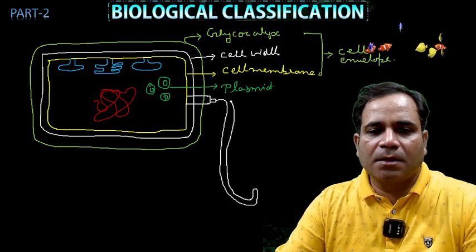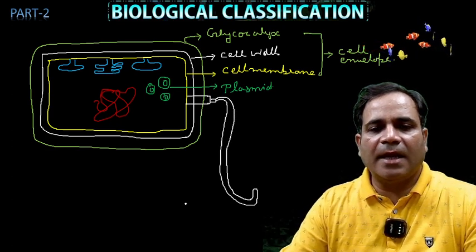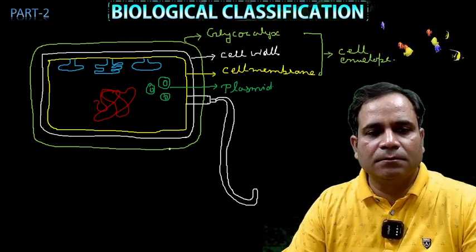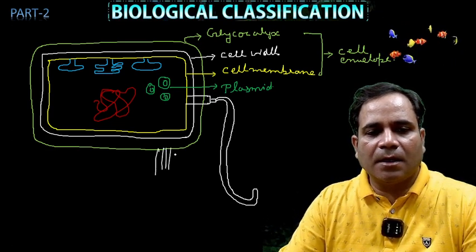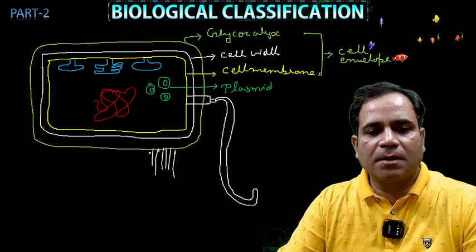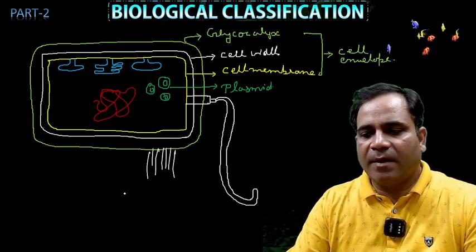This one is flagella. Here the hair-like structures are known as fimbriae.